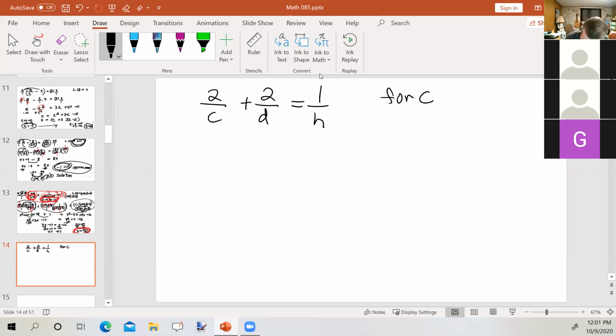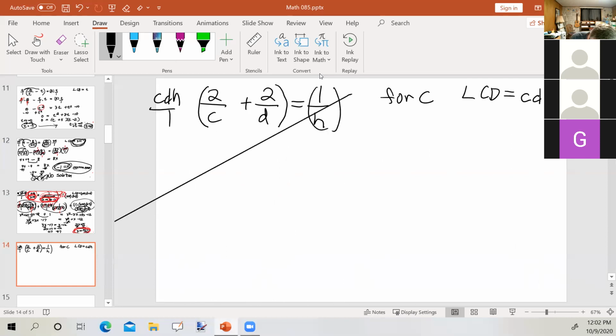So what I'm going to do, I'm going to multiply both sides by the LCD. And what is that? CDH, correct. So I'm going to multiply both sides of the equation by CDH.